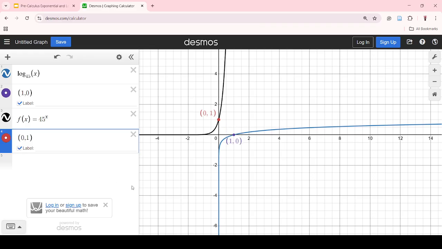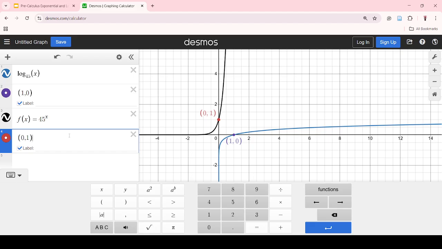Yes, it does. This is another example of how these two are inverse functions, how they are able to undo each other, and where they both intersect on the x and y axis.